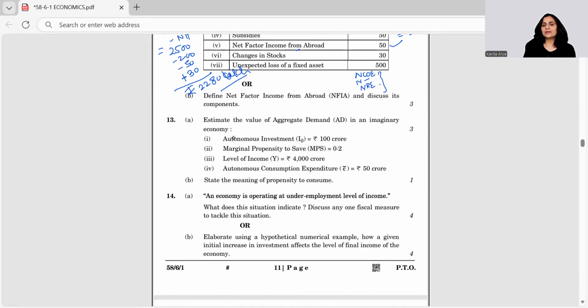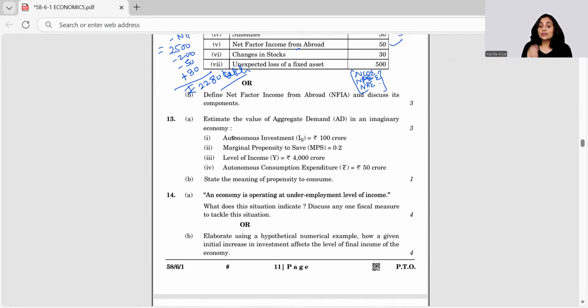So explain these three. These things are to be explained for 1 mark each, and you get the answer and full marks. It's not just defining, it's explaining and discussing as well. So you would say received from abroad minus paid to abroad in every component here.